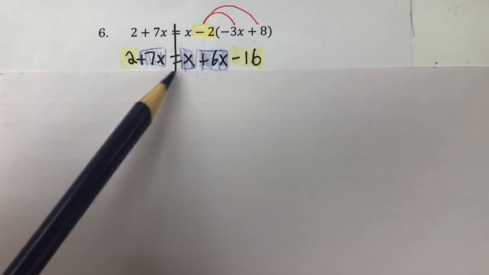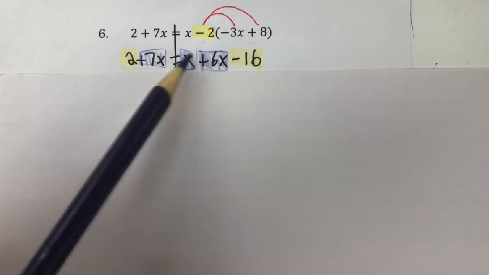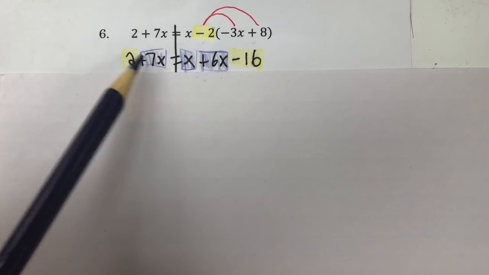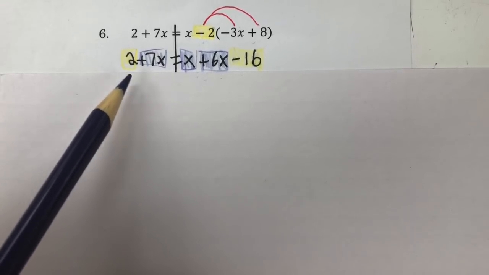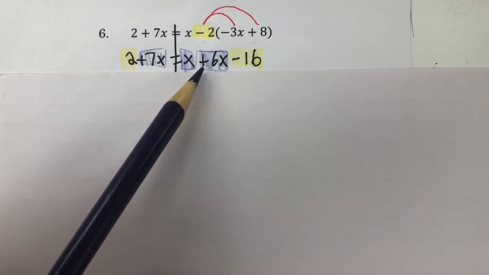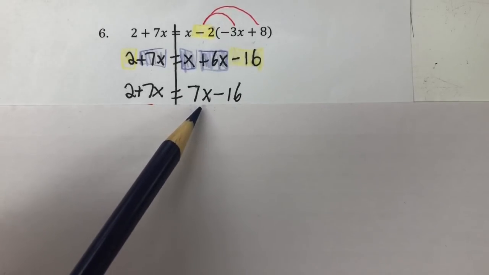Now I'm going to combine like terms. On the right side, you see there are 2 terms we could combine. On the left side of the equation, there aren't any terms that we can combine. So x plus 6x is 7x.